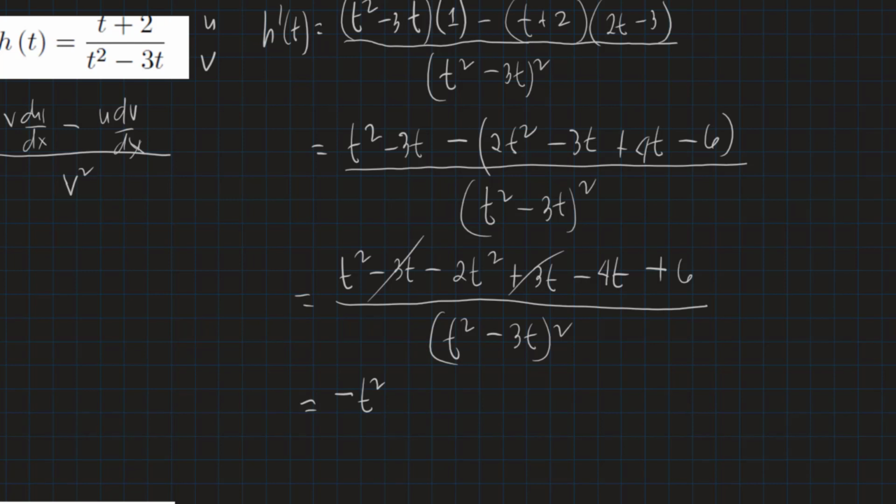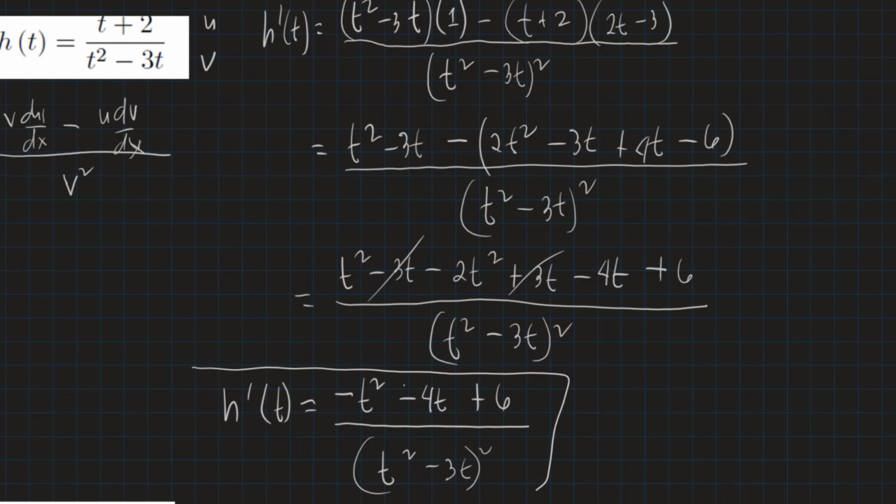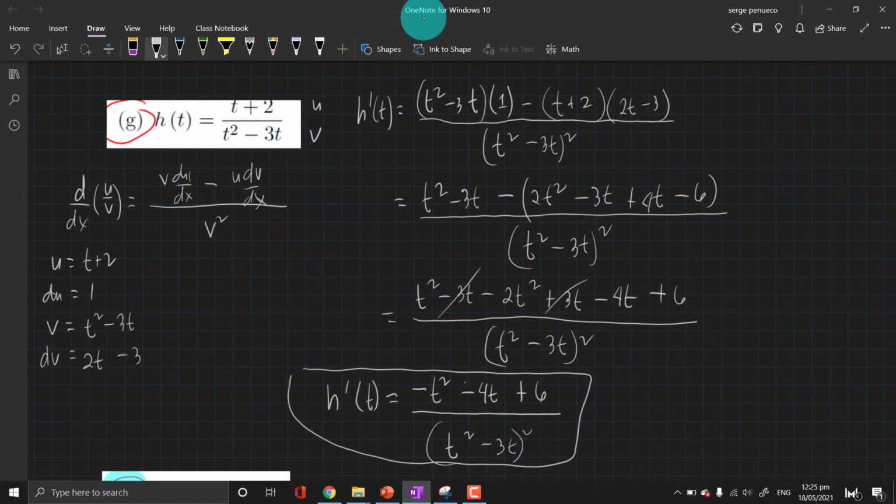And then, natitira na lang is 4t plus 6 minus 4t plus 6 all over t squared minus 3t quantity squared. So, this is our h prime of t. Then, letter h.